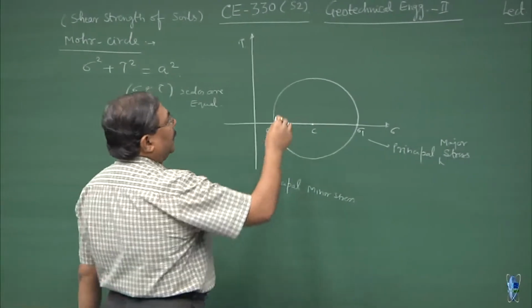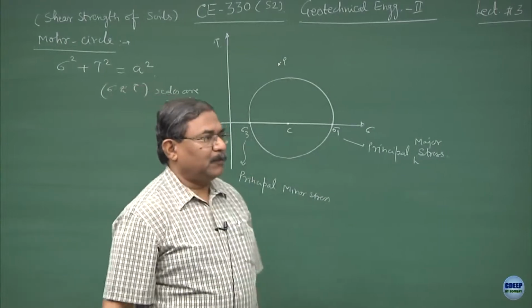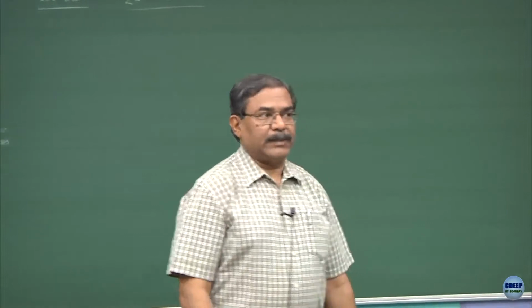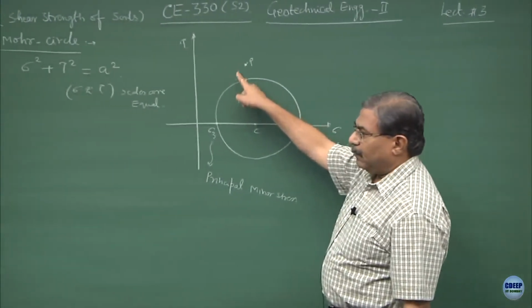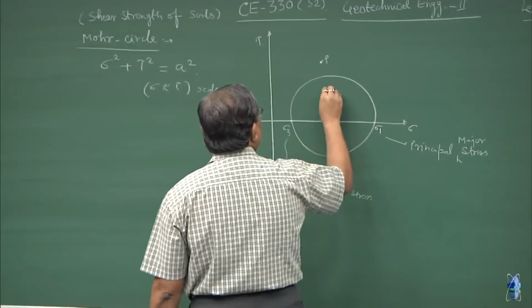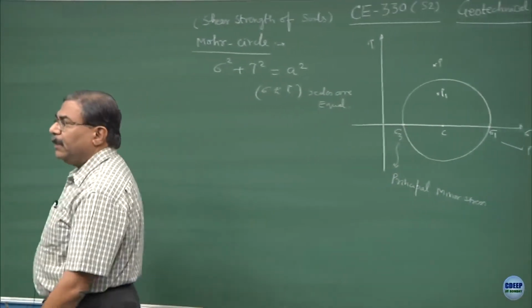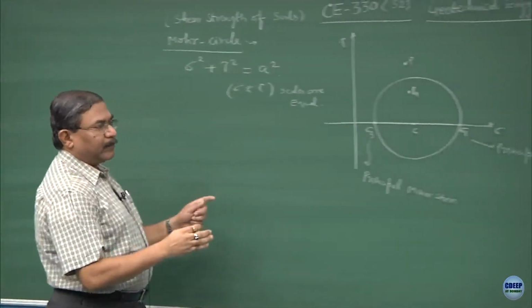I hope you can realize that point P, the state of stress at a point P, is not going to be possible. It is a virtual situation, because before the point P is achieved, the material has already failed. Similarly, if I say that the point P1, which is lying within the Mohr circle, that place also the material is not going to be in a failure state.